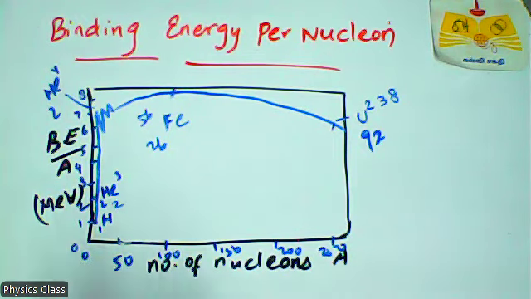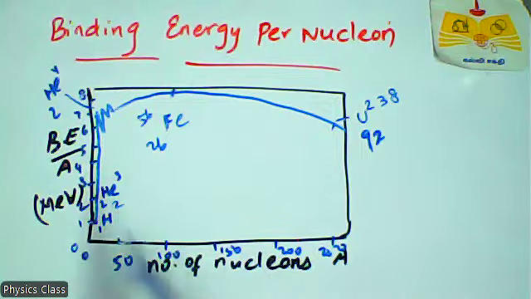Binding energy per nucleon means binding energy, which is mass defect times c squared, divided by the mass number. So average binding energy per nucleon is the energy required to separate a nucleon from the particular nucleus.